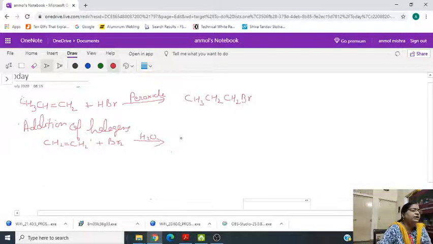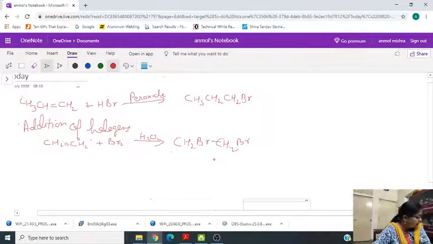So, if we add bromine water in any unsaturated compound, then the pink color of bromine water gets discharged, that is gets colorless.